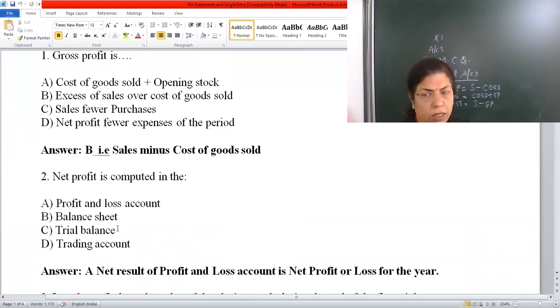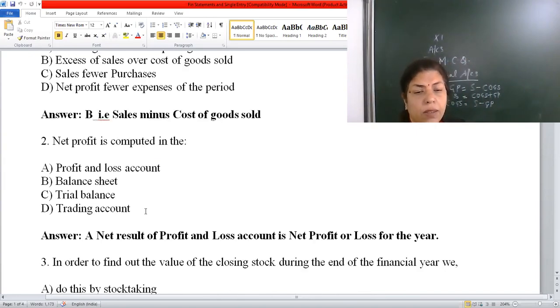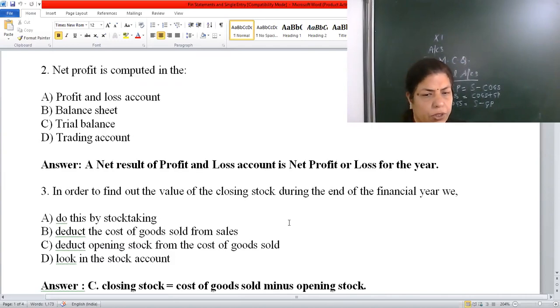See, trial balance will not show any profit. Trading account is prepared for calculating gross profit or gross loss. Balance sheet shows financial position, assets and liabilities. So profit and loss account is prepared to know the net results, net profit or net loss. Now next question.